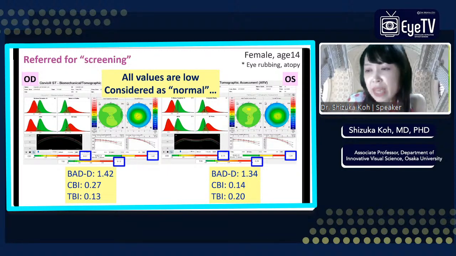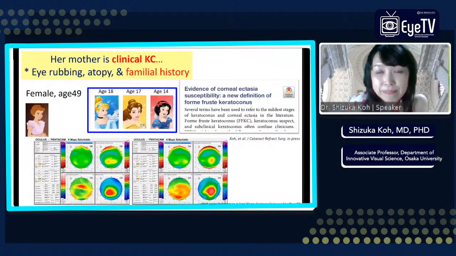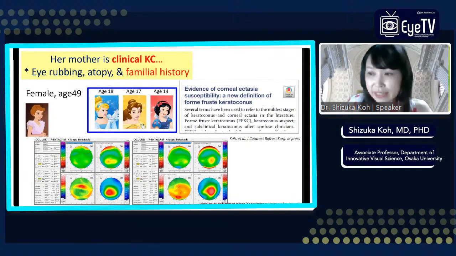So we may consider this is normal. But actually, her mother has clinical keratoconus. One day, when her mother came for the regular exam, she asked me to screen all three daughters, aged 18, 17, and 14.